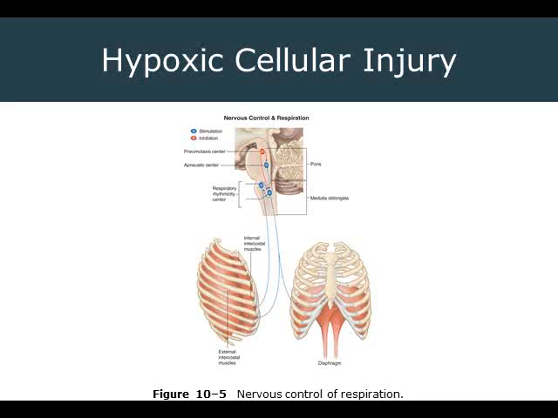If we cause damage to the respiratory center, which we can see we have those various centers, the pneumotaxic center and the apneustic centers, as well as the rhythmicity centers, if we disrupt those, it disrupts either the pattern or the rate or both, or we can damage the nerve that leads from them downward. Damaging any of those things certainly can cause us to have a loss of ability to breathe.